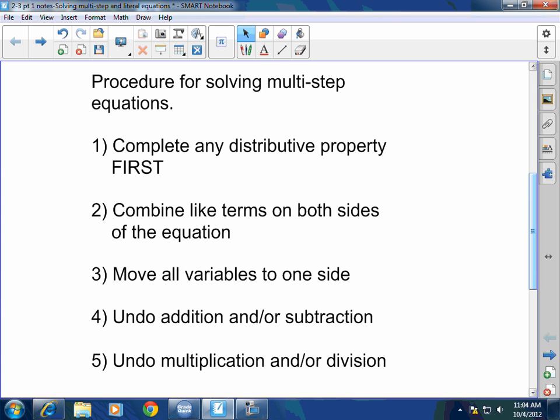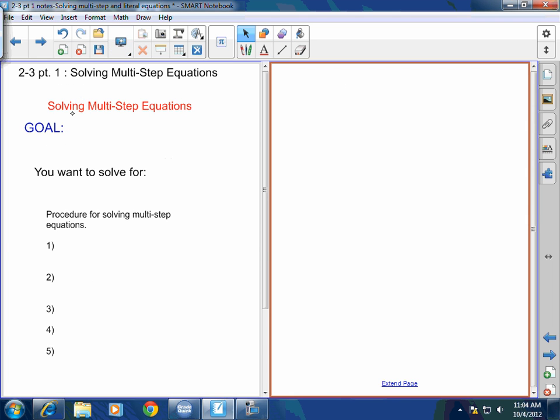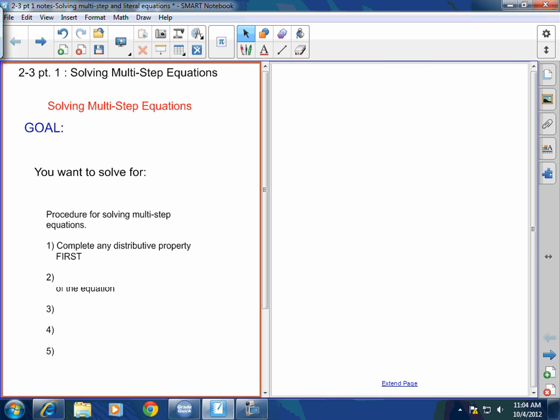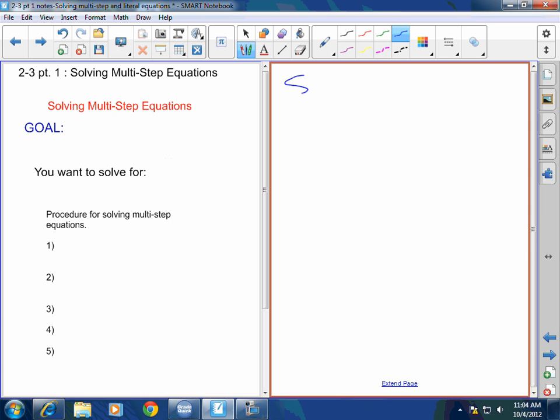Now, let's just real quick run through these procedures with them right there in front of our face. Let's say I want to solve, I'm going to make it up, so it's probably going to be really ugly, but who cares?